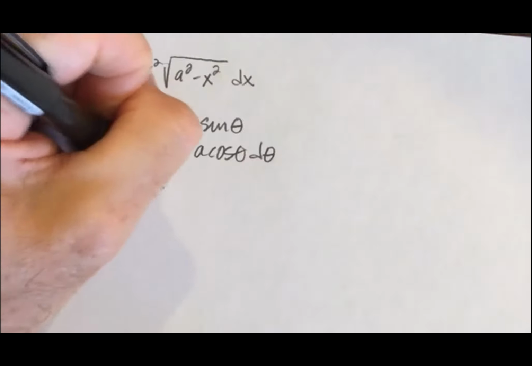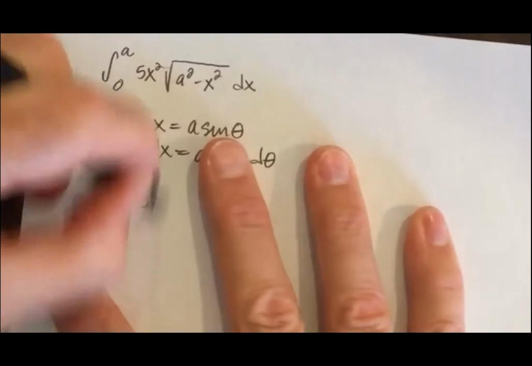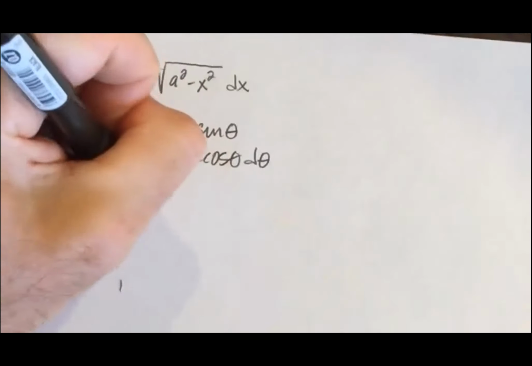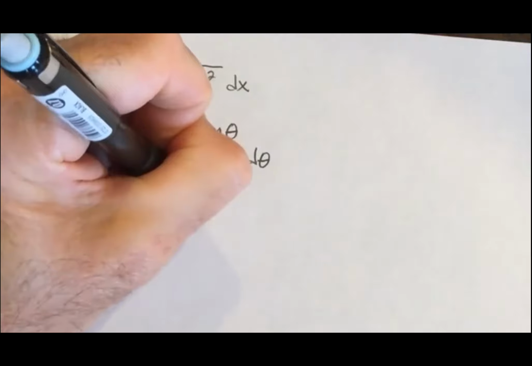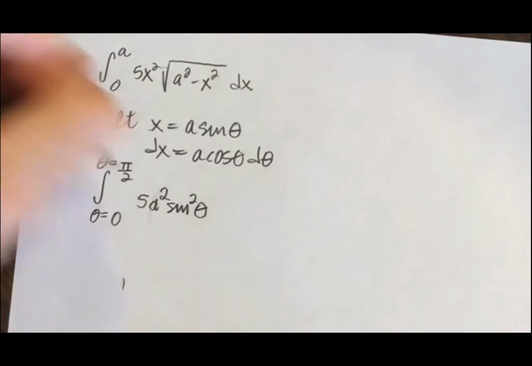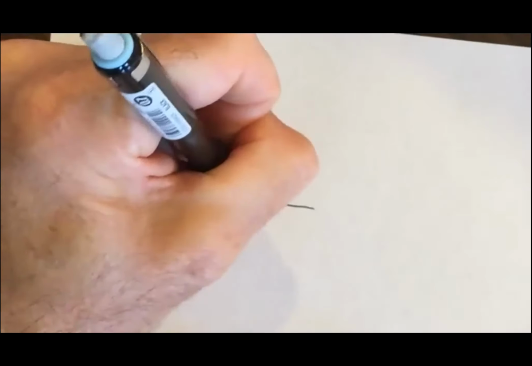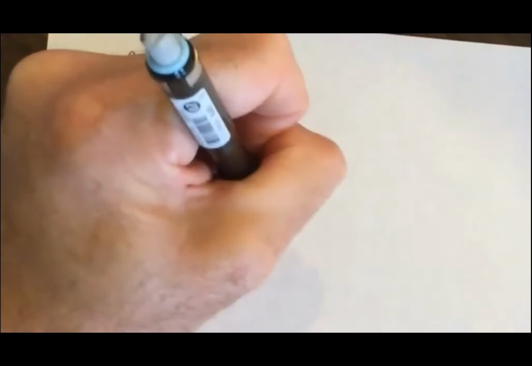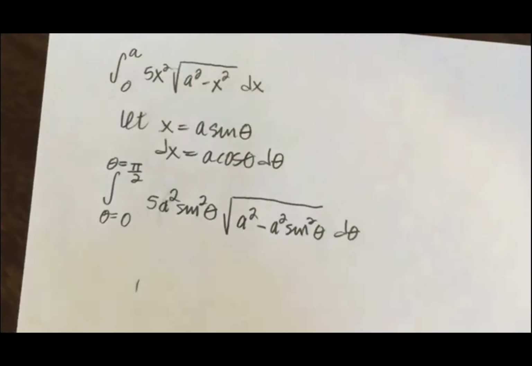So 5x squared, I'm just going to go ahead and square it. 5a squared sine squared theta. And then in here I get square root a squared minus a squared sine squared theta d theta.